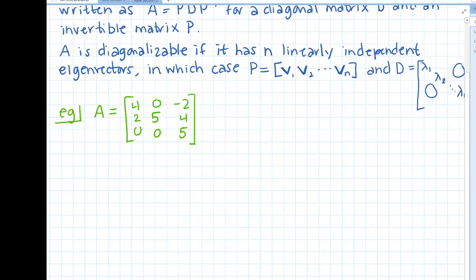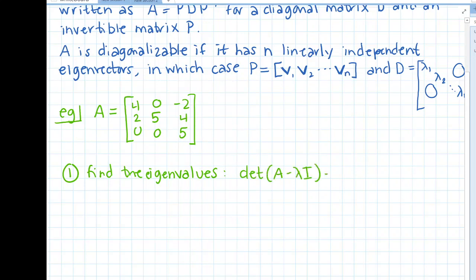So let's find the eigenvalues. The first step is to find the determinant of our matrix minus lambda times the identity, set that equal to 0, and solve for lambda.